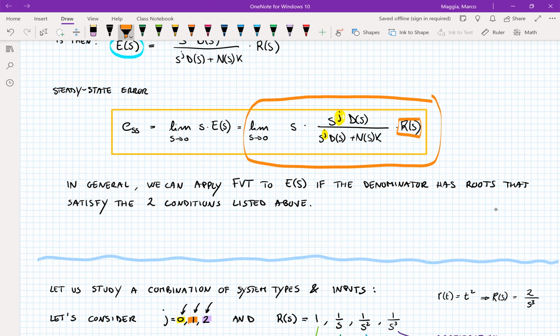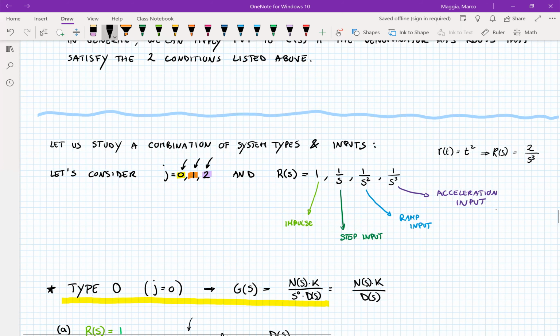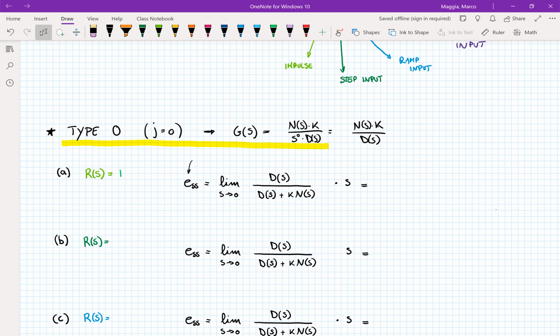And then for each case, I'm going to substitute the proper expression for R of S. What is R of S in this case? It is 1. So as S goes to 0, everything is driven to 0.